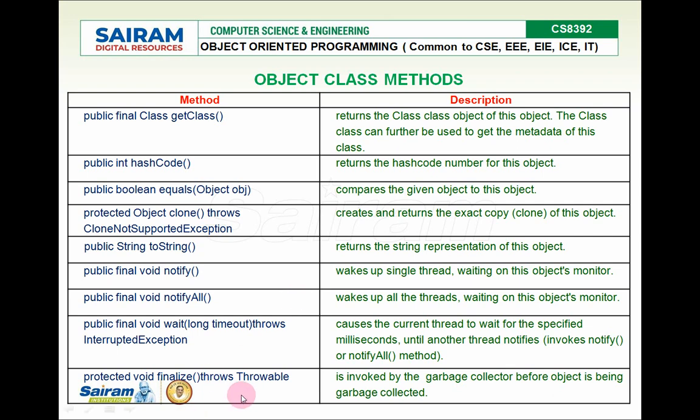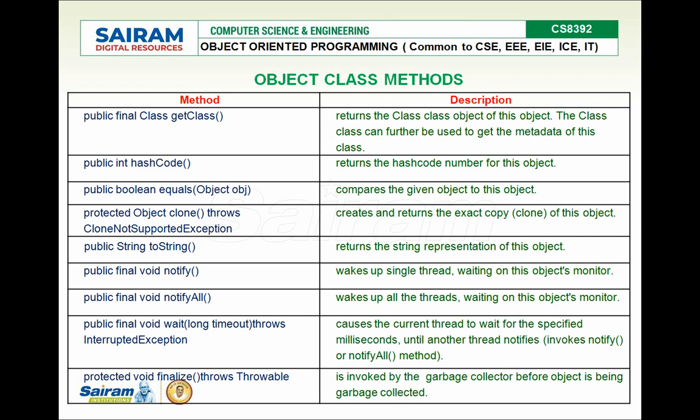That is called object garbage collection. That is done by this finalize method. It is invoked by the garbage collector before the object is garbage collected. That means before the object is erased, this finalize method will be called, and garbage collection happens after this finalize method.